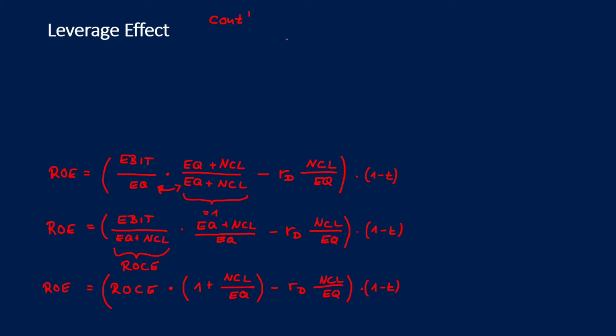Well, we now can get rid of those brackets, of course. So the return on equity is then given by the return on capital employed times the return on capital employed times non-current liabilities divided by the equity minus, oh, something's wrong.